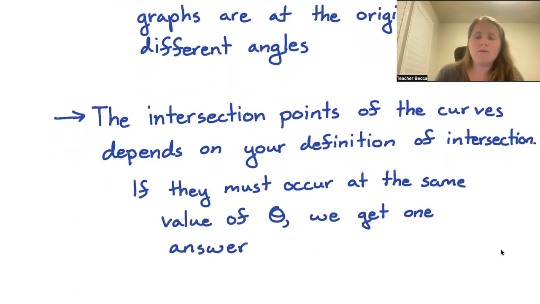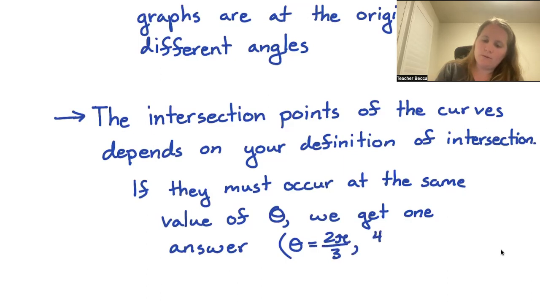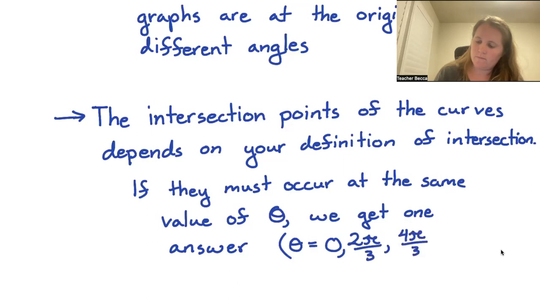Right, sort of what we found. So theta could be 0, 2 pi over 3, or 4 pi over 3. And again, 2 pi if you wanted to include it.